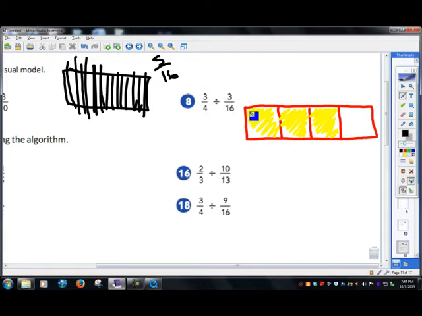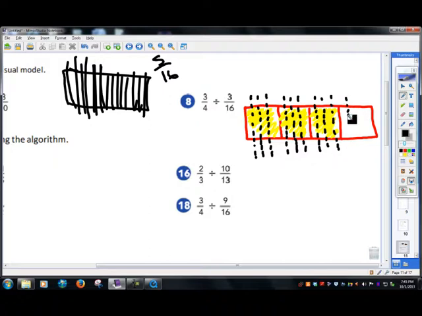So when we do that, I'm going to do it with dots again. 1, 2, 3, and then 4 is already there. It's the red one. Okay, this is where it gets a little bit different.